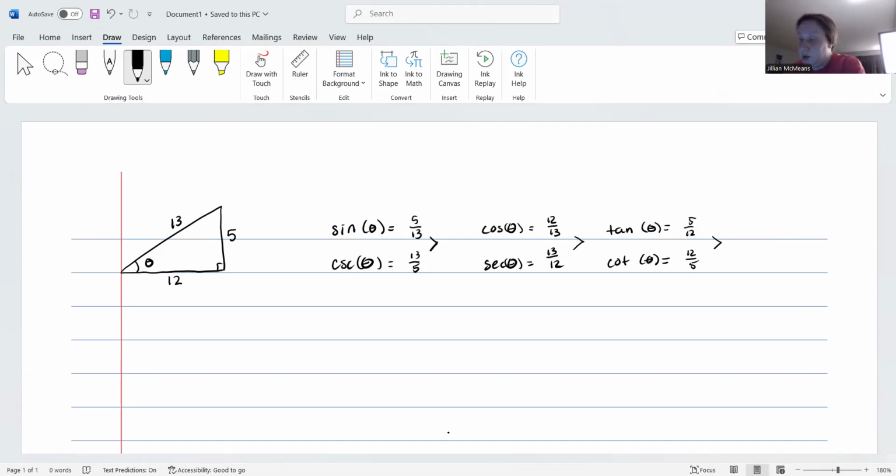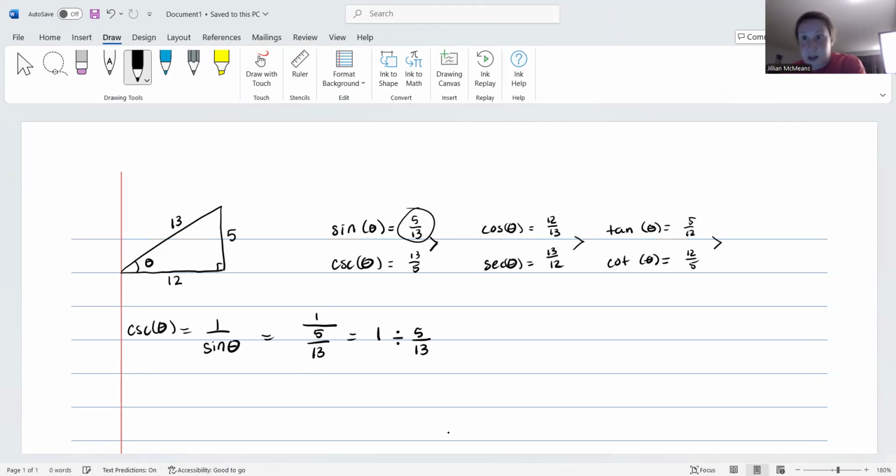We were just told that cosecant theta is equal to 1 over sine theta. Let's see if this is really true. We know that sine of theta is 5 over 13, so we would have 1 over 5 over 13. That's really just 1 divided by 5 over 13.